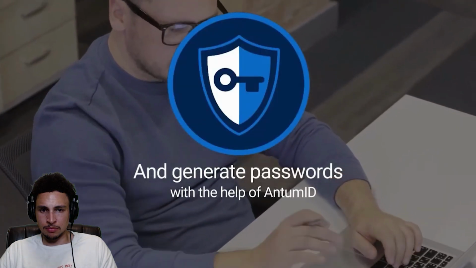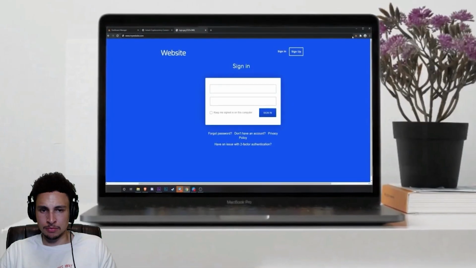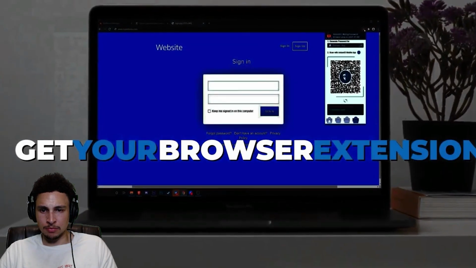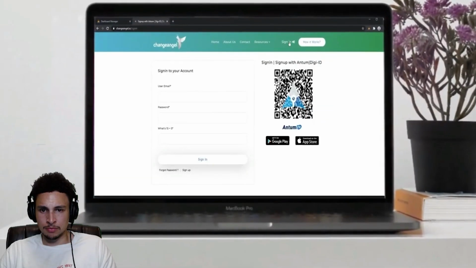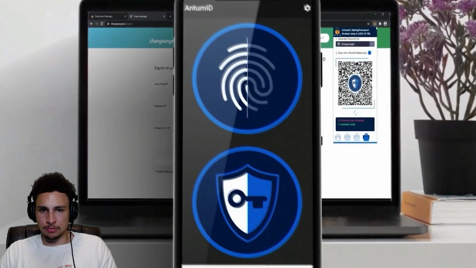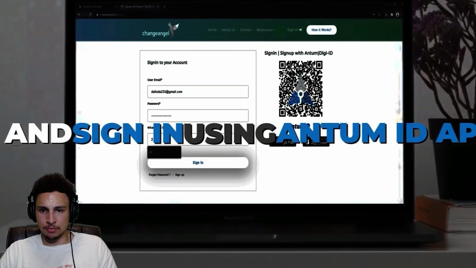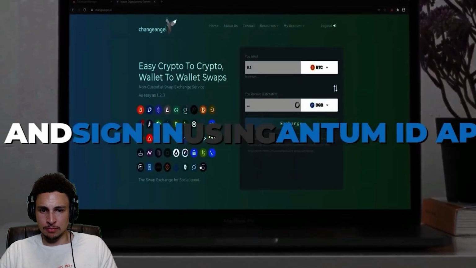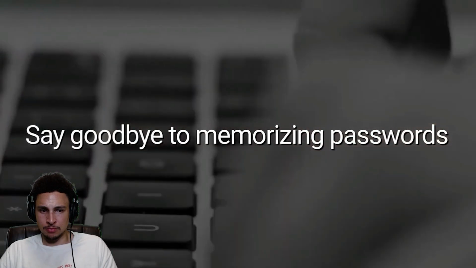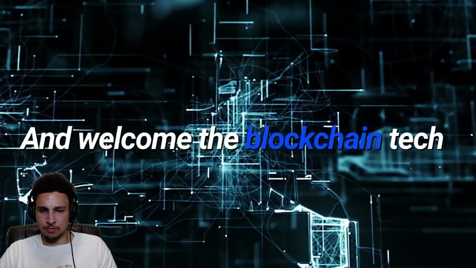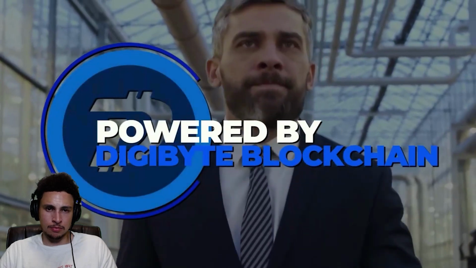generates a password with the help of AntumID. Get your browser extension, then scan the QR code using the AntumID app. Say goodbye to memorizing passwords and welcome the blockchain technology, powered by Digibyte blockchain.